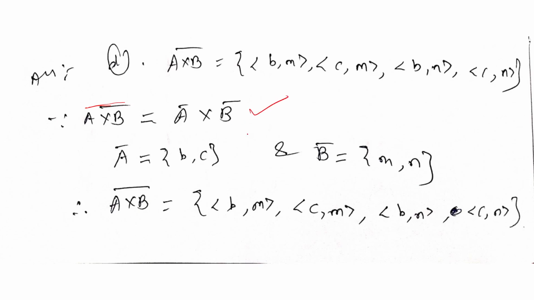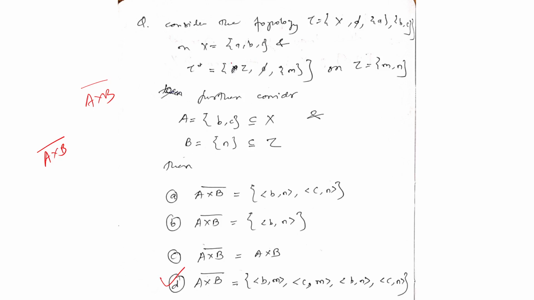So using this property, you can directly find out the A cross B whole closure. So what is A closure? So set A is BC, right? So what will be its closure? Yes, it is always true. So what is the closure of A?